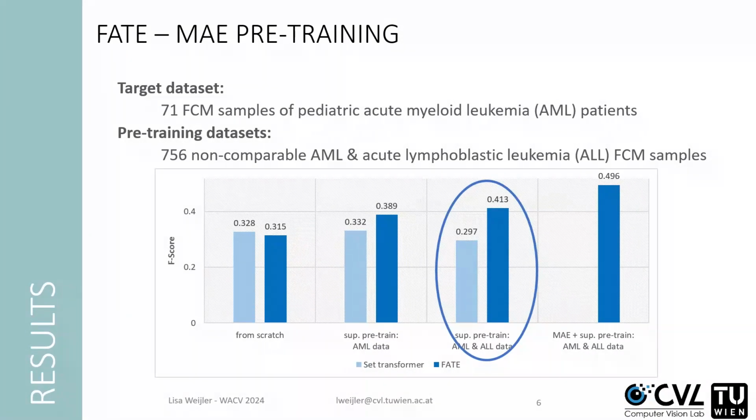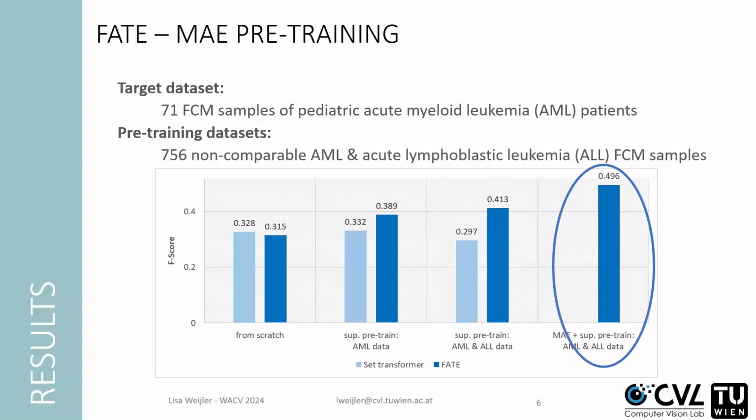Interestingly, when adding the data from the different leukemia type, the performance of the set transformer is decreasing, while FATE can still leverage the additional data effectively. The highest results are achieved when additionally using our proposed masked autoencoder pre-training strategy, which results in a performance increase compared to training from scratch of approximately 60%.